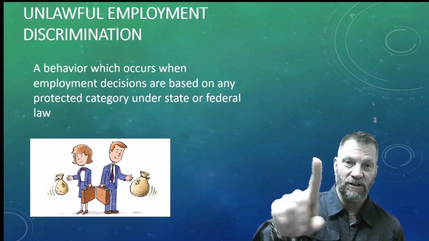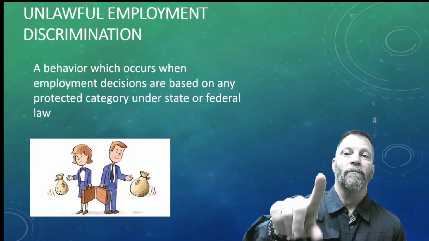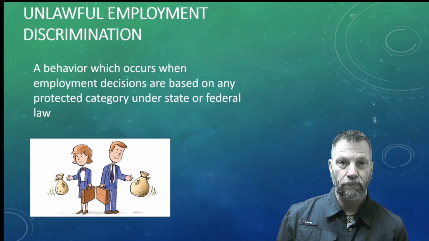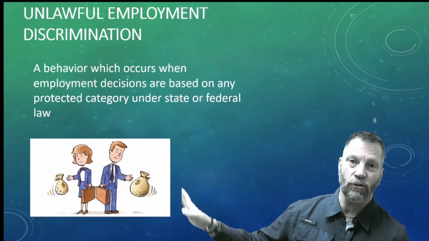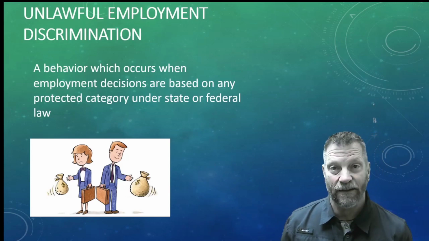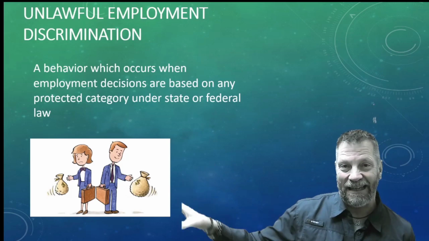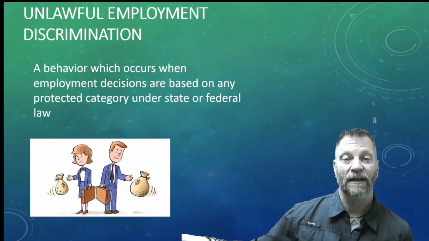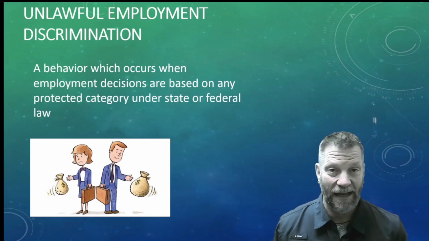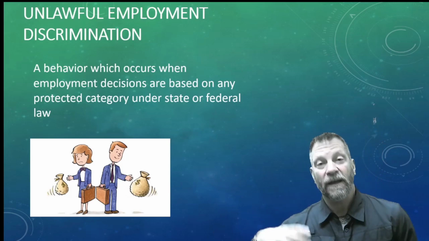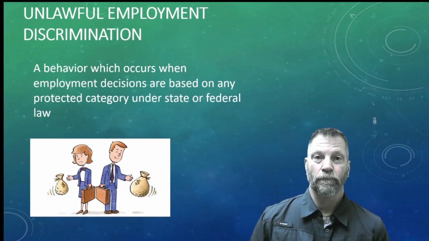Two key parts to this. Number one, it must involve an employment decision. Think about all the things you do at work that are work-related. If you're denied access to any of those particular things, and it's based on a protected category, we're going to talk about the protected categories here in just a little bit, then it meets this definition.